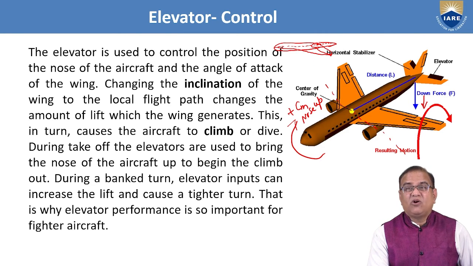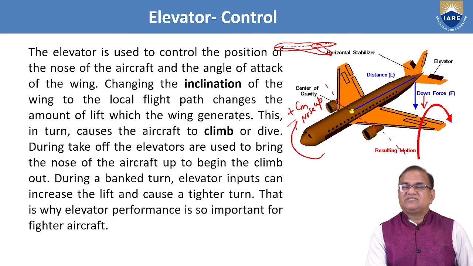So the camber is now changed. By only the deflection of this, the camber of the wing is changed, and changing the inclination of the wing to the local flight path changes the amount of lift which the wing generates. So if it is like this, some extra lift will be generated.